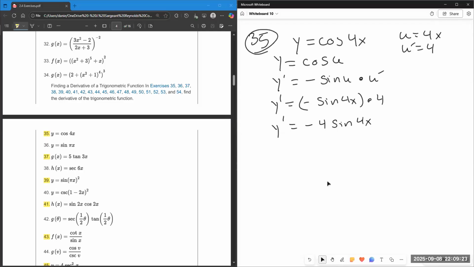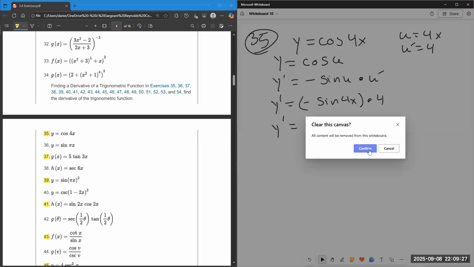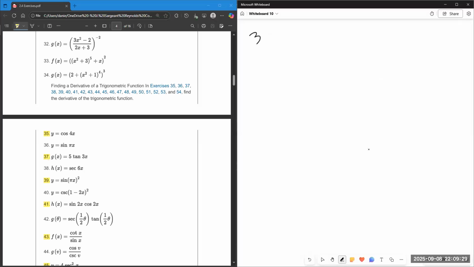So now at number 37. 37 says g of x is equal to 5 tangent of 3x.